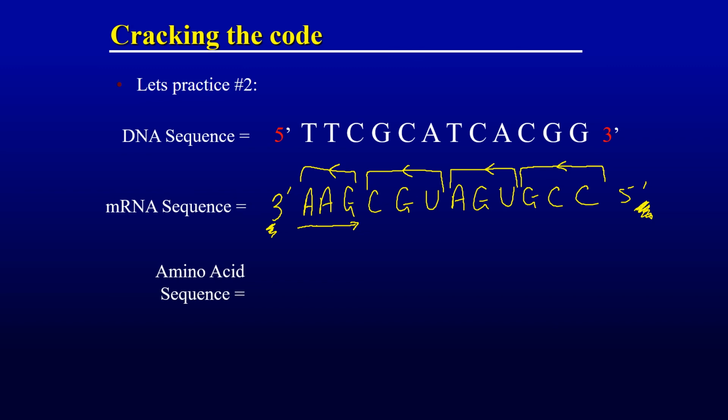Now we've got a CCG codon. CCG gives us the amino acid proline. Now we've got to get a UGA. UGA.